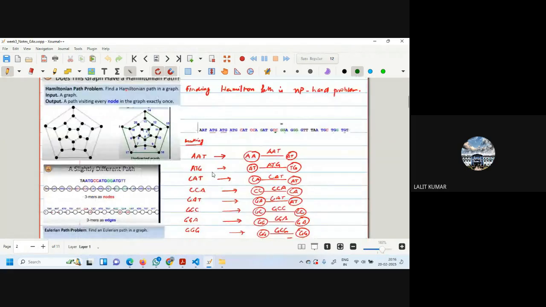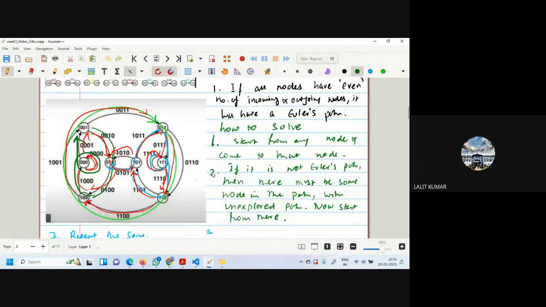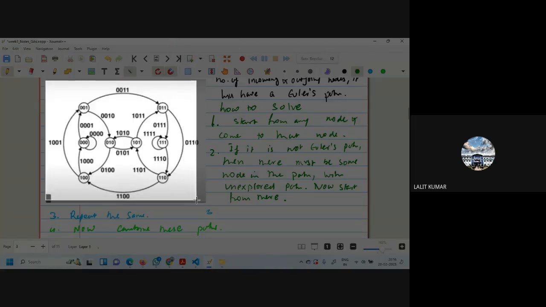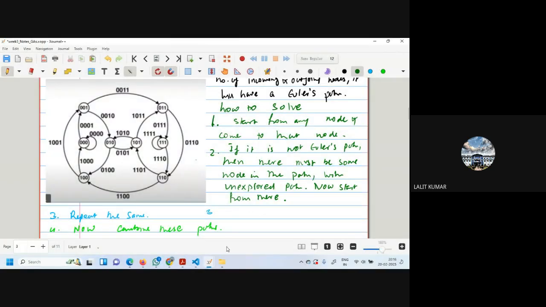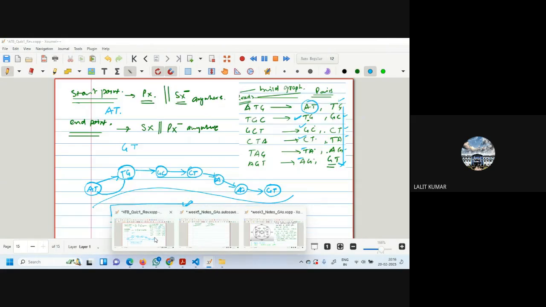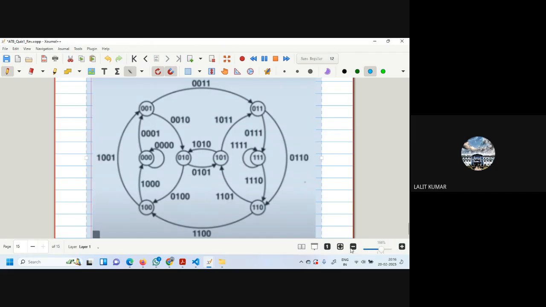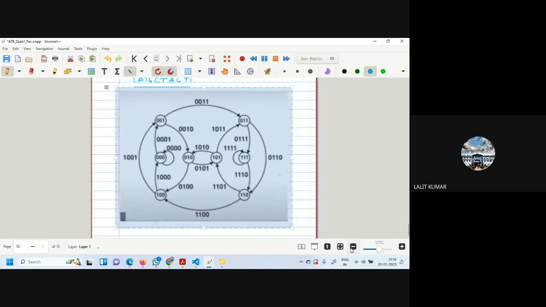We will take one example from here, how we do that. So we will take this example and solve it using this concept. This is visible to all of you? Yes, sir.